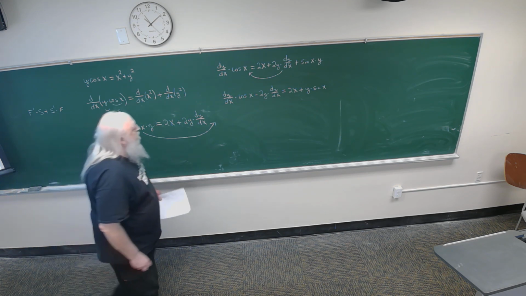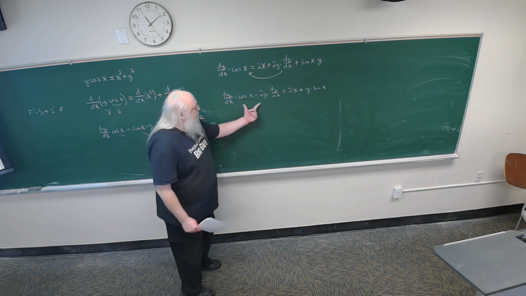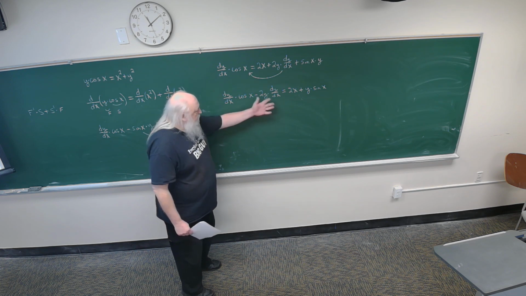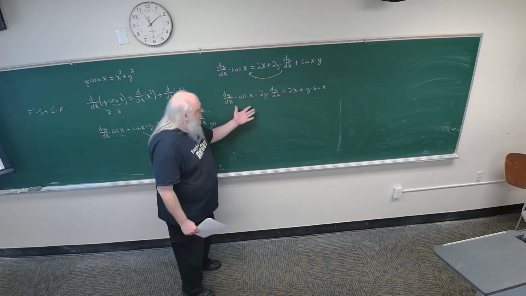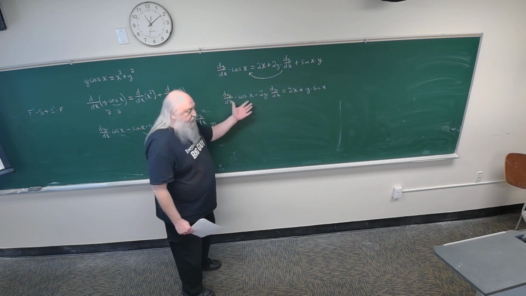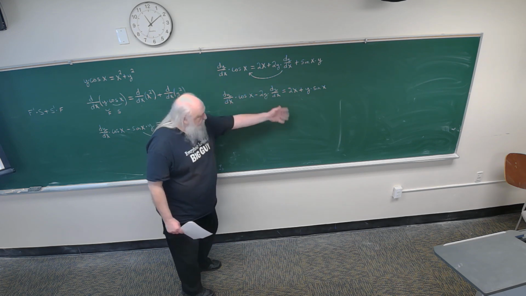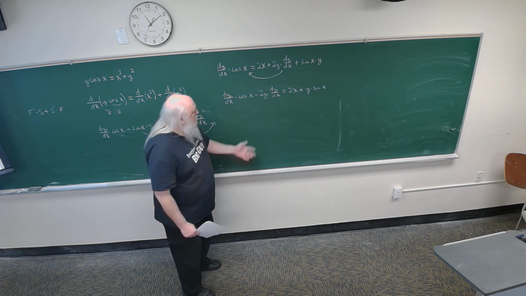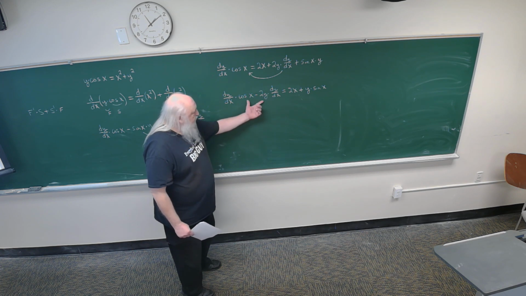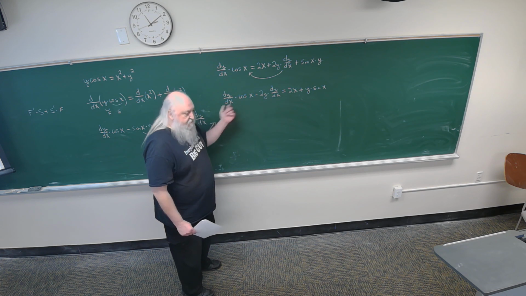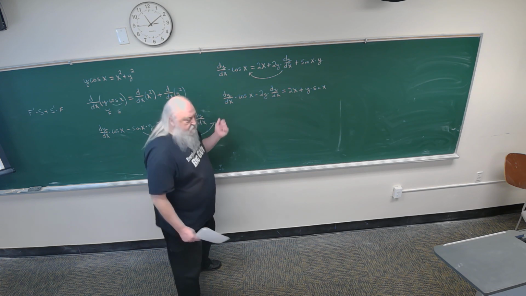All right. Now you can see on the left-hand side, right? We got derivative with respect to x, dy over dx, right? All the terms of dy over dx on the left-hand side, and all the terms without it on the right-hand side. And so now I got two terms on the left with dy over dx in each term. So now I can factor out the dy over dx.